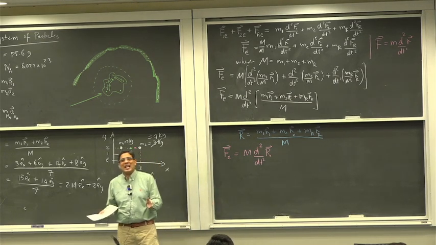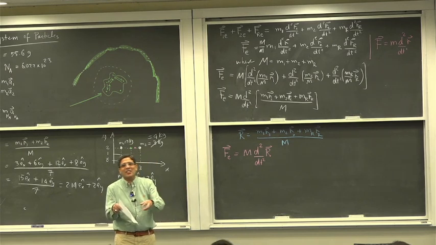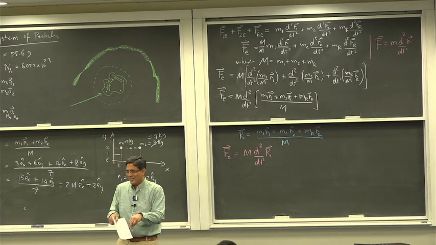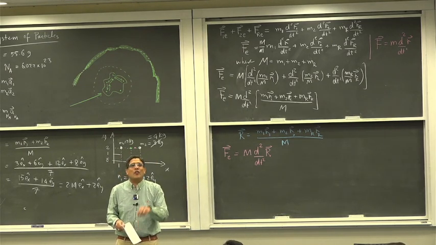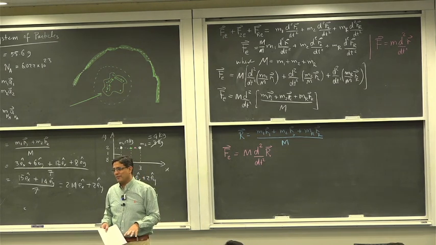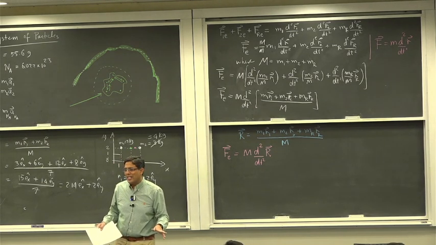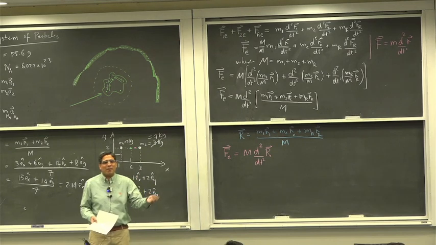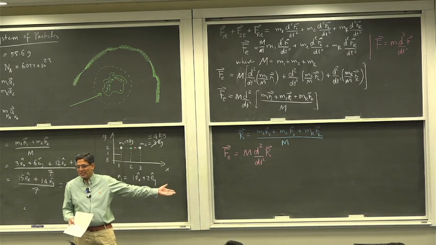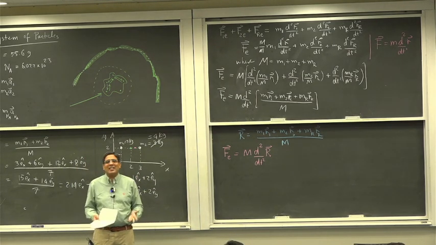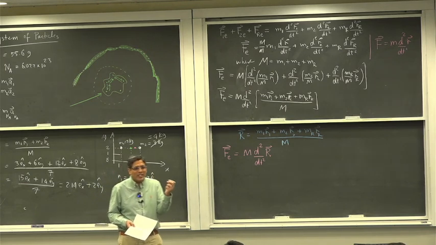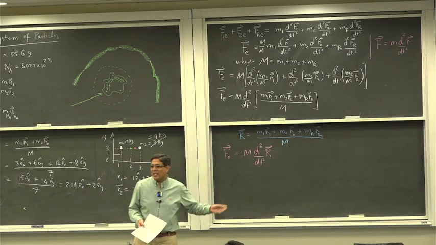So it is as if all the mass is concentrated at one point, and that point particle only sees external forces, no internal forces, and then you can simply apply Newton's second law to that.